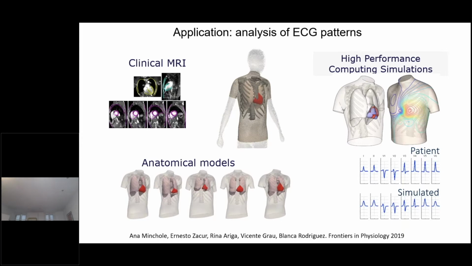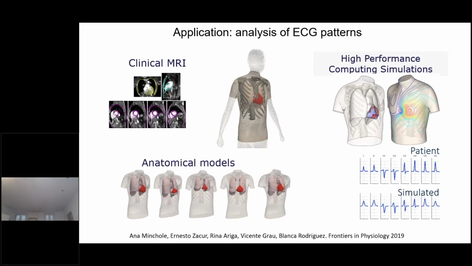And finally, we produce meshes with these, and we then perform high-performance computing simulations by which we can estimate or simulate the electrocardiogram on the surface electrodes, and we can compare these with the signals measured from that same patient, so that we can look for differences and then try to match this difference with possible either pathology or just different values within the natural variability of a number of parameters.